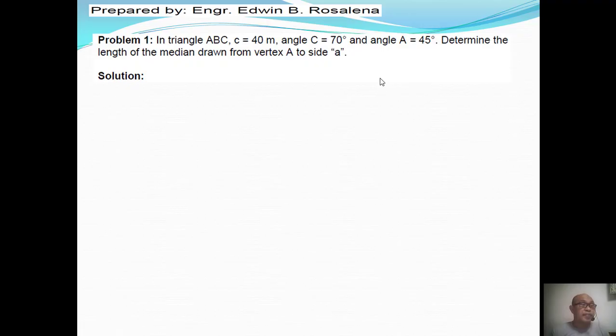So, as what I have said, trigo problems and geometry problems, they are the same. We need to read the problem, understand, and then draw the correct figure. Then analyze from the triangles or from the figure what formula you will apply in order to solve for the requirement.